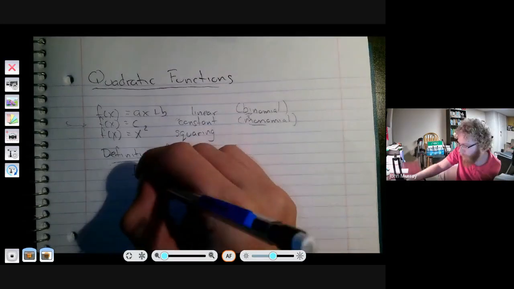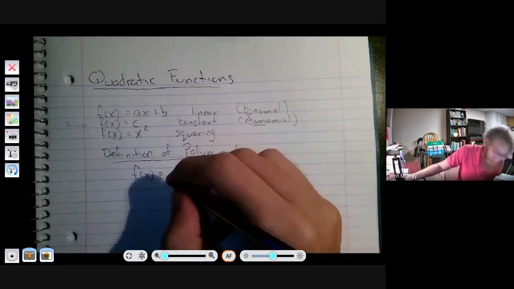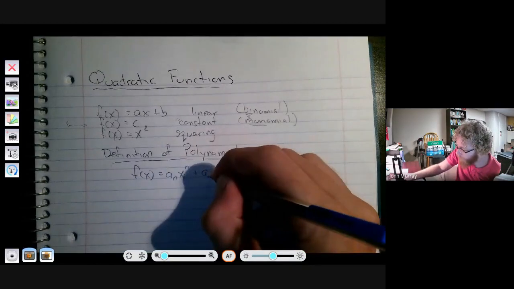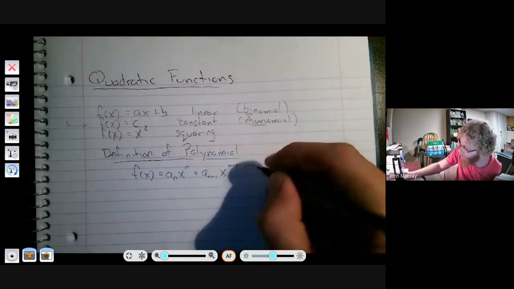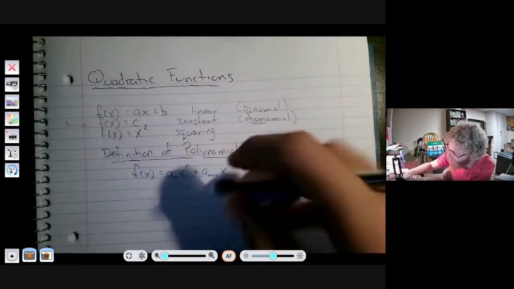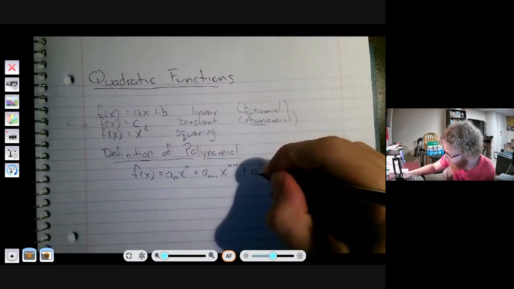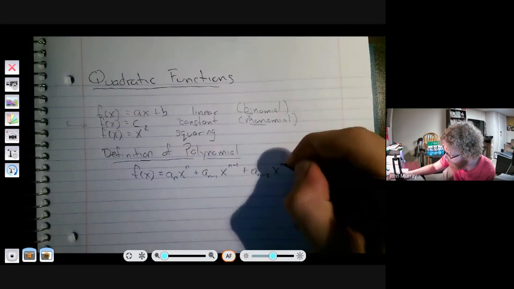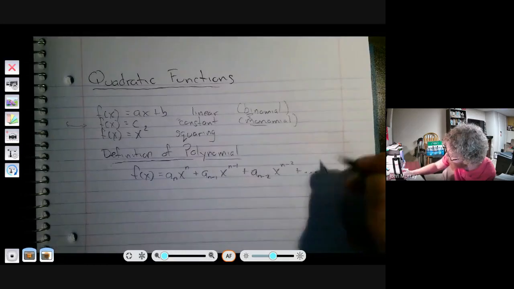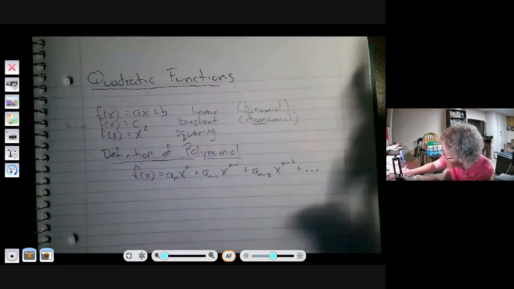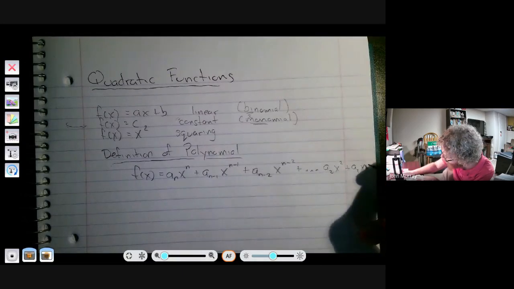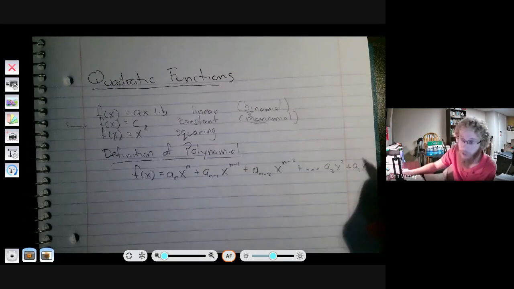So this is a fancy way of saying it. And I'm writing it like this to get you familiar with a few different ways things in math are written. And I ran out of room.